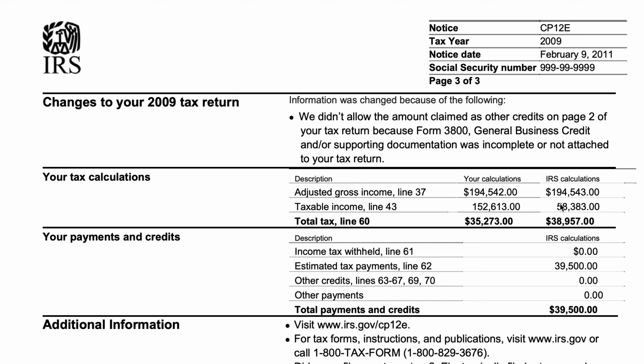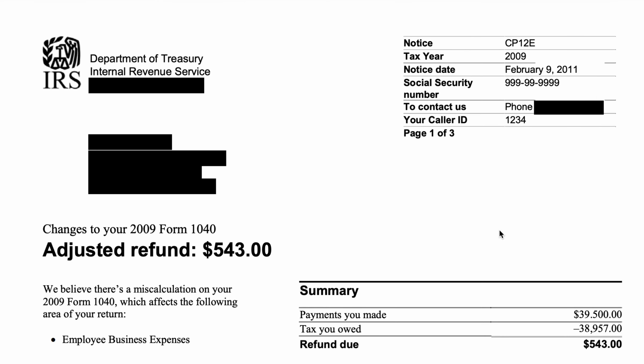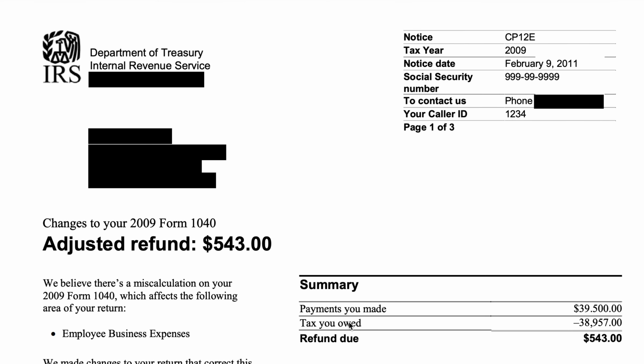I guess this should have been 158, which may have resulted in a higher tax, but then your tax credit. Yeah, so these numbers kind of line up with what's here, but then it doesn't really make sense that you're due a refund over almost a year after you filed your tax return and should have gotten a refund properly.